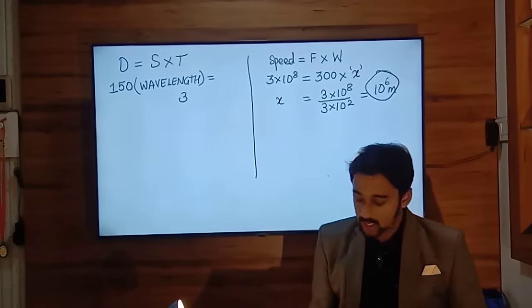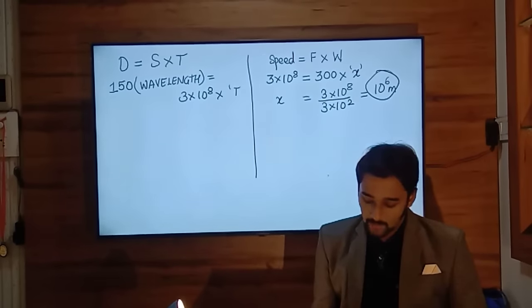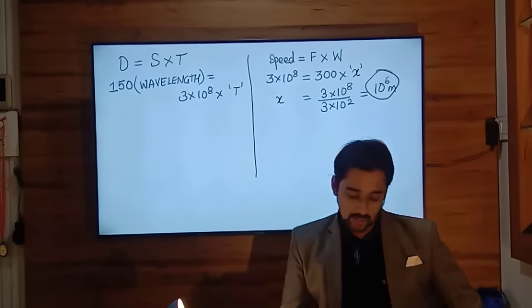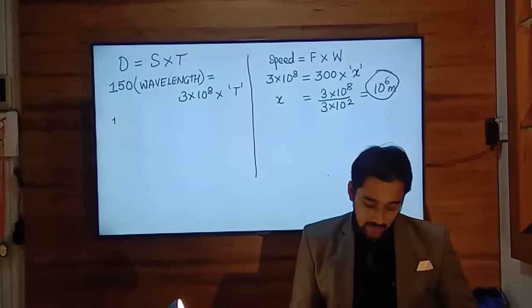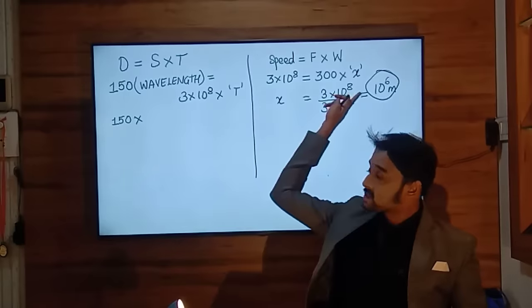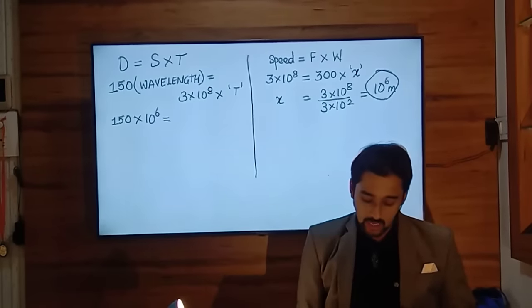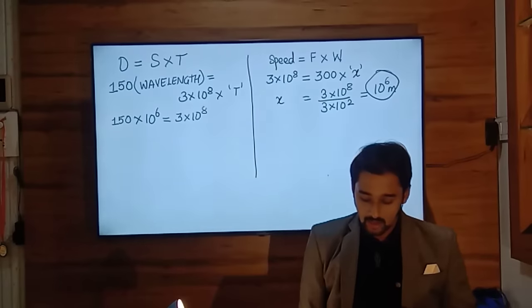Speed is 3 into 10 raised to 8 into time t. This t time we have to find out. So we know wavelength, now 150 multiplied by 10 raised to 6 meter equals 3 into 10 raised to 8 into time t.